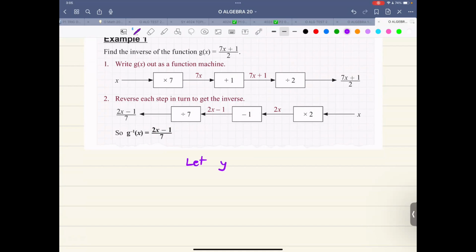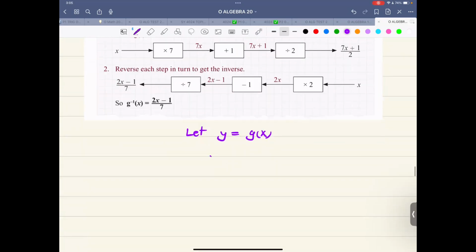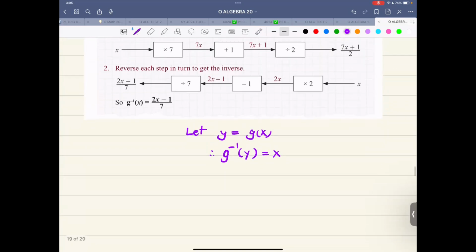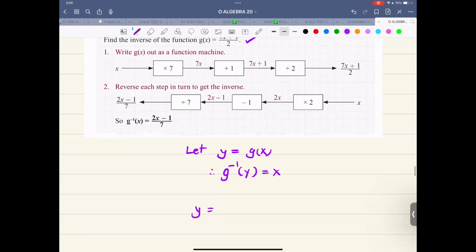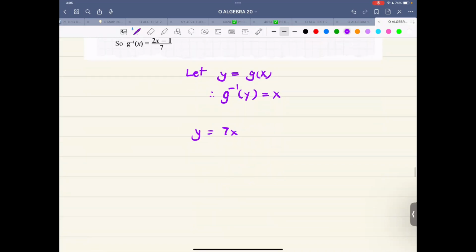Let y equal g(x). It's not f(x), it's g(x) now. Therefore, g inverse of y equals x. So what will we do? We will write it like this: y equals (7x plus 1) over 2. First of all, 2y is 7x plus 1.